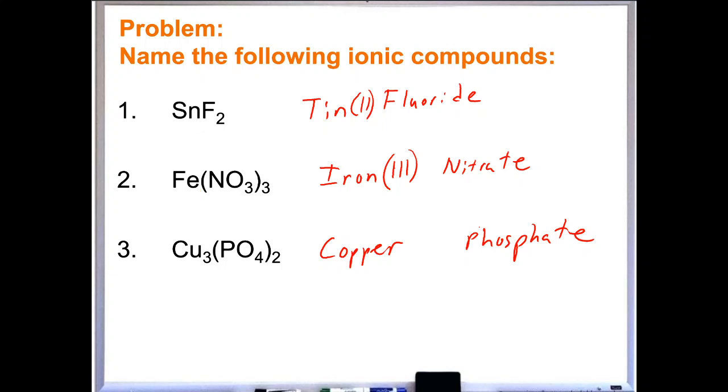But I know phosphate is -3 times 2 gives me -6. If I divide this by 3, since I have 3 coppers, it gives me -2. So that tells me how much charge each copper needs to balance. If each copper has to balance -2, then each copper should be +2. So here we'll indicate that like this: copper(II) phosphate.